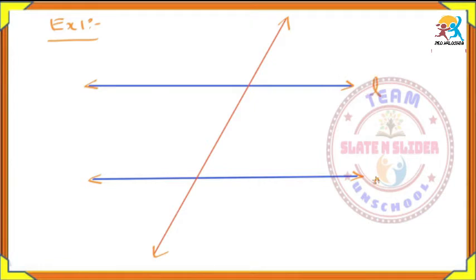So the lines are L, M and N. Here one angle is given, that is 80 degrees. So the question is, find all the angles. If this angle is 80 degrees, then definitely it will be 100 degrees.